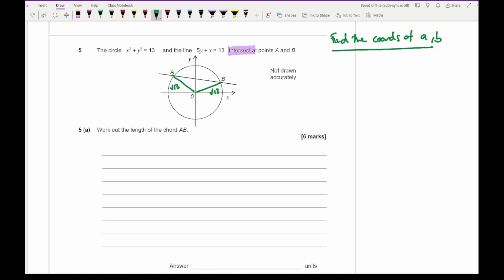So what I've got is 5y plus x equals 13. And I'm going to rearrange that so I've got x equals 13 minus 5y. Then substituting that into the equation of the circle, I'm going to end up with (13 minus 5y) squared plus y squared equals 13.